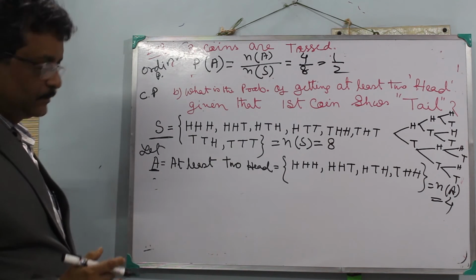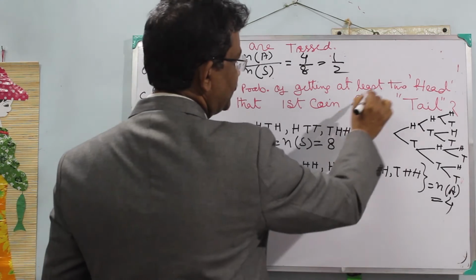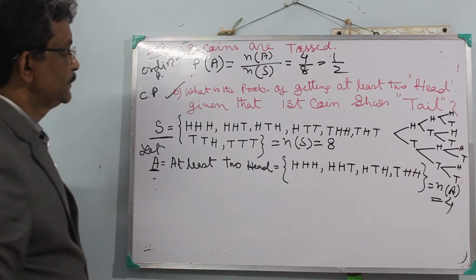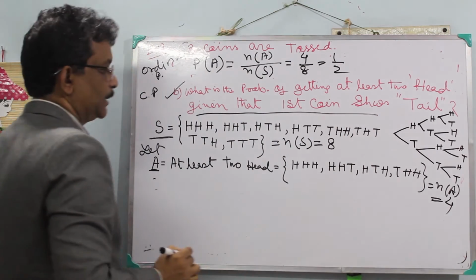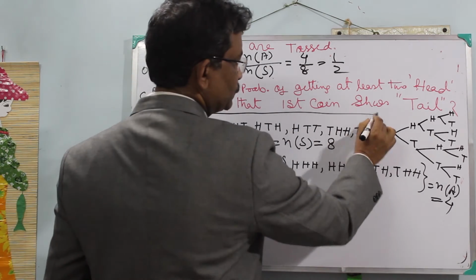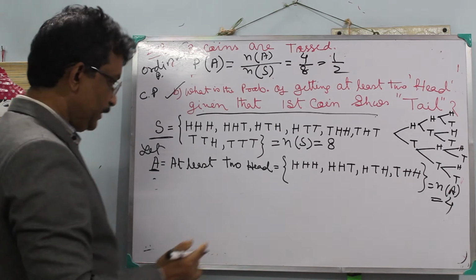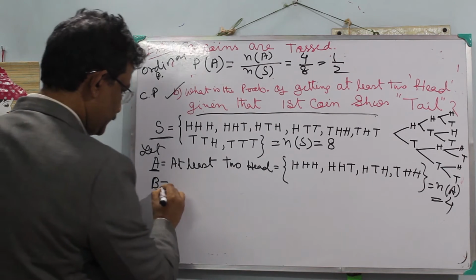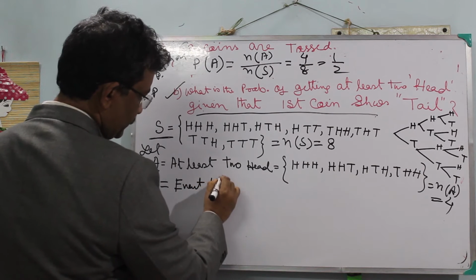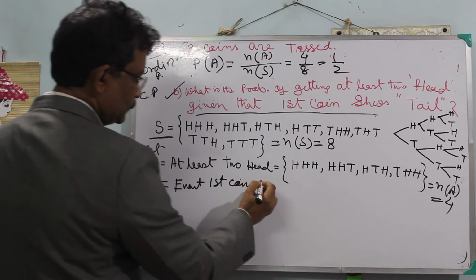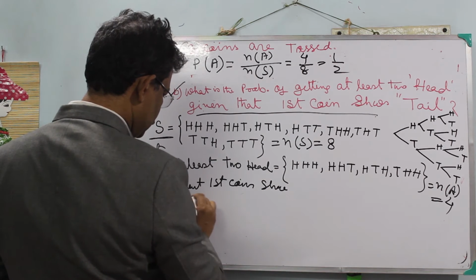This is the ordinary case. But we are mainly interested in B. What is the probability of getting at least 2 heads, same as A, given that the first coin shows tail? So first coin shows tail, it may be another event B. So let B be the event first coin shows tail.